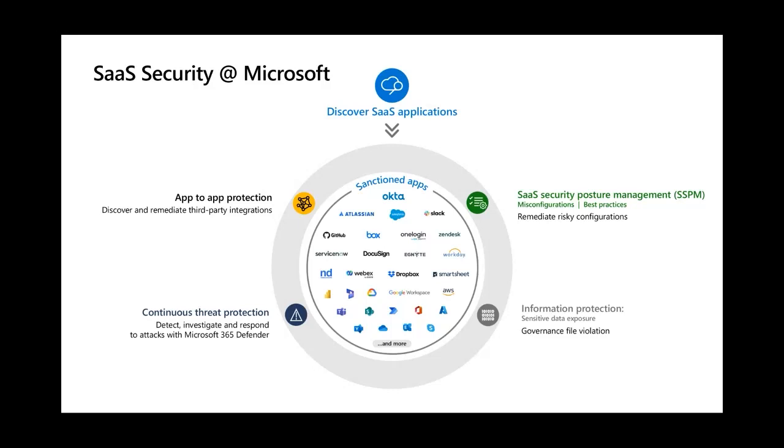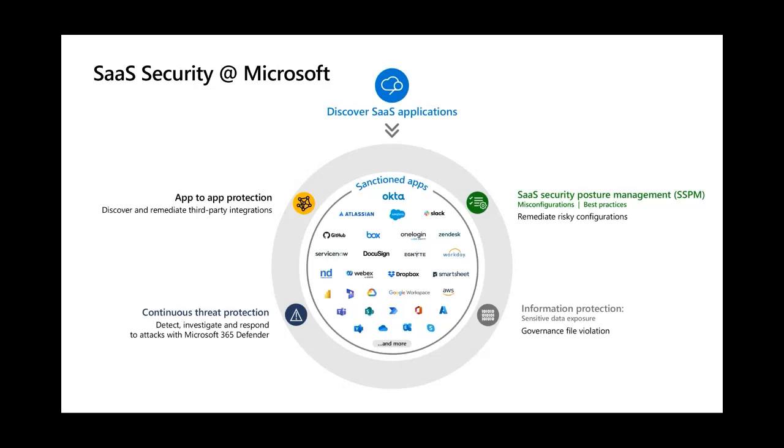Next up, we have continuous threat protection. So this past October, we announced how we were converging over to Microsoft 365 Defender, our XDR offering. And we recently went GA this past April.